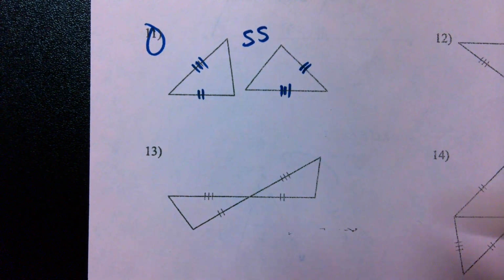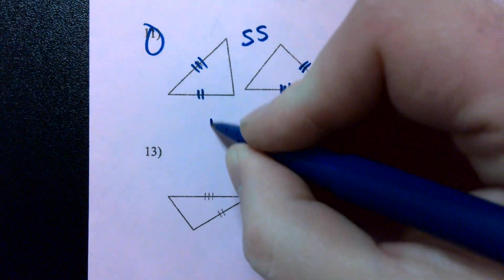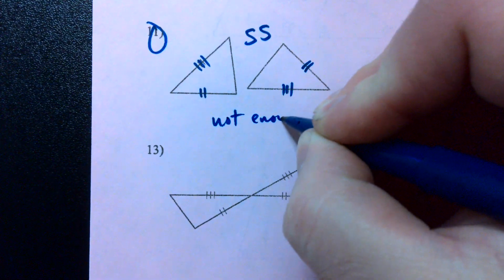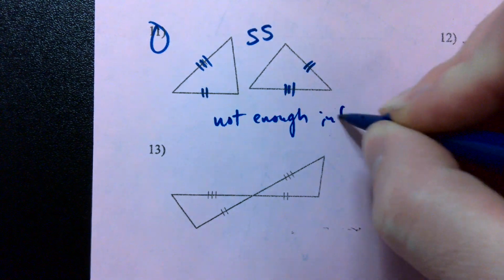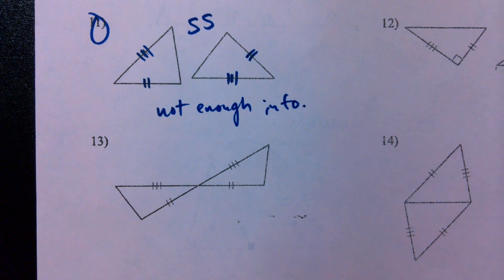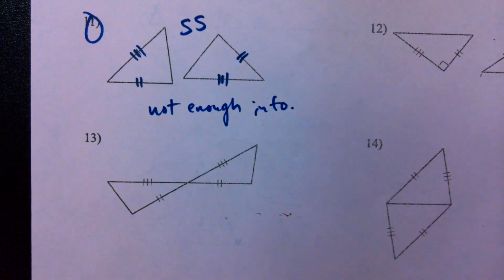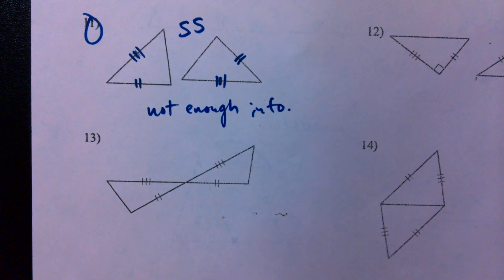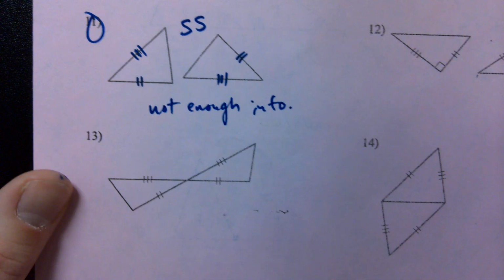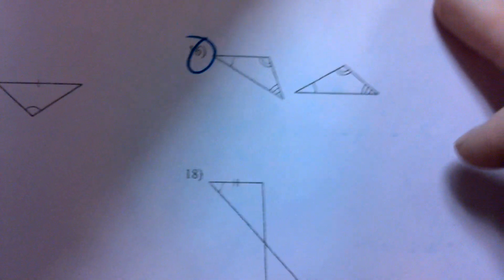No. So can we say definitively that these two triangles are congruent? No. We have not enough info. Like we said in our notes, sometimes that's going to be the answer. I cannot tell if these two are congruent. If I was asked to write a proof for these two triangles being congruent, I wouldn't have enough information to do so, right?